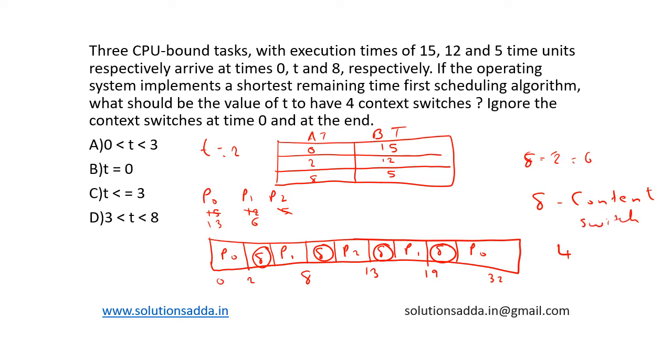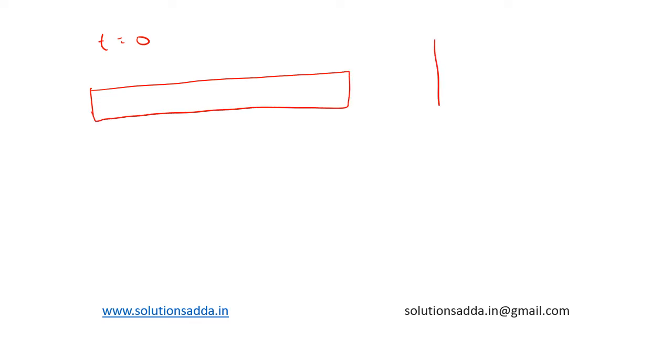So option A can be considered a correct answer, but let's explore some more options. For option A we have 4 context switches. Now we move on to the other option, that is t equal to 0. For t equal to 0, the table would be as follows.